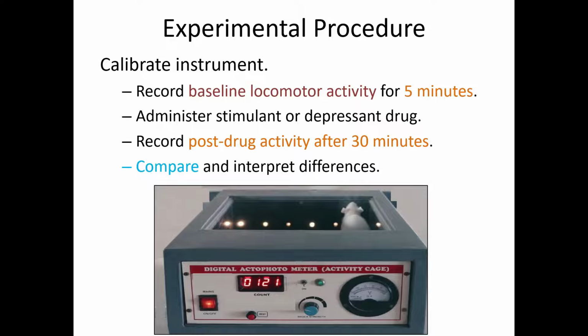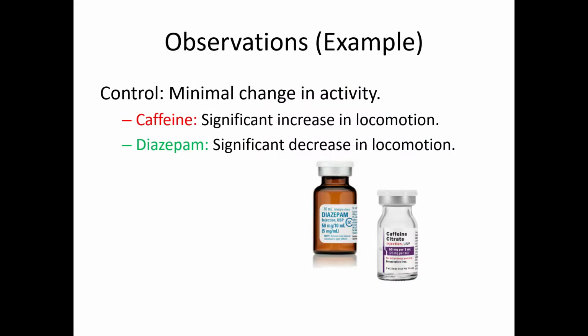One group will be the control, which we treat with saline, and the second group will be the drug treated group, which we treat with diazepam or caffeine. After 30 minutes we evaluate each animal's activity in the actophotometer for 5 minutes. And lastly, we compare the control and drug treated group results.